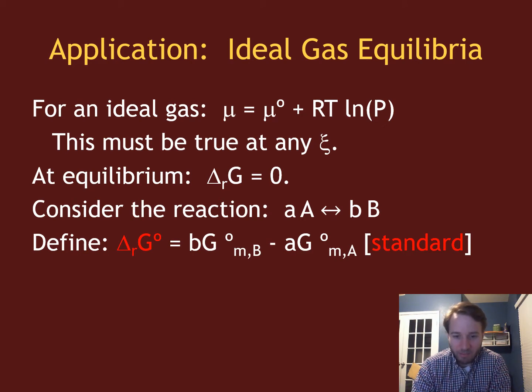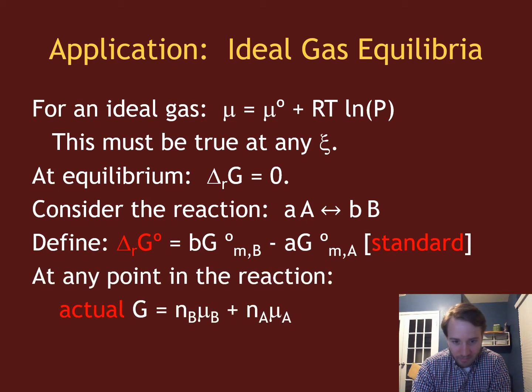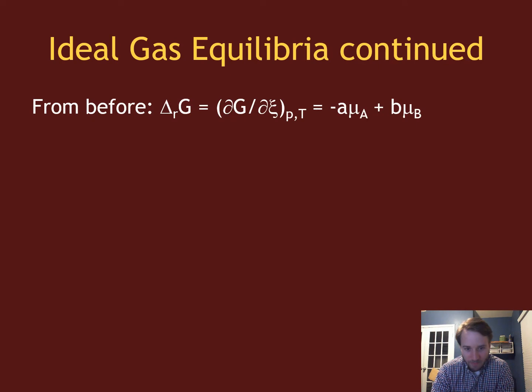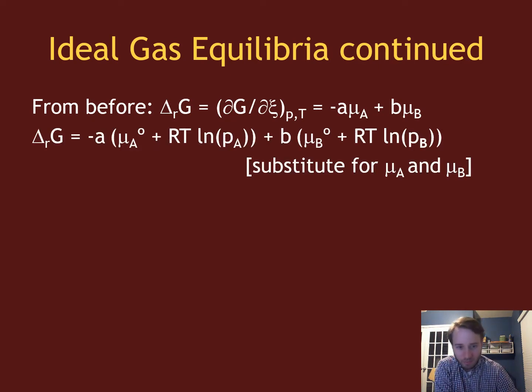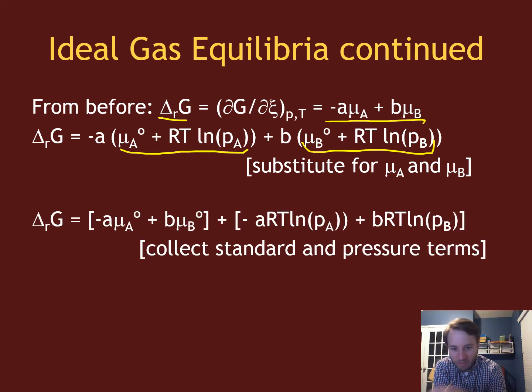So if I consider that simple reaction, aA going to bB, that free energy change for the reaction is related to the number of moles of A times the chemical potential of A and the number of moles of B times the chemical potential of B. So that change in free energy for the reaction is related to minus a mu A plus b mu B. If we plug in for what the chemical potential of A and the chemical potential of B is and rearrange a little bit, I have this term here and this term here.